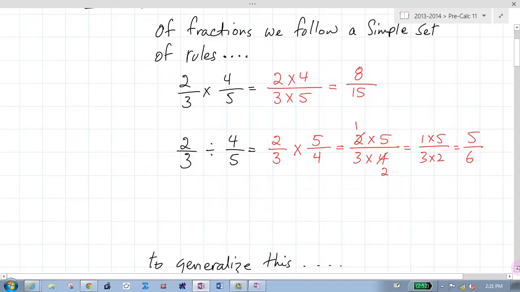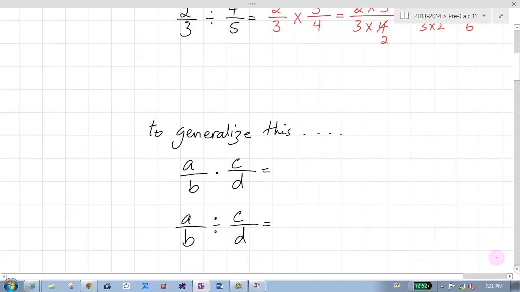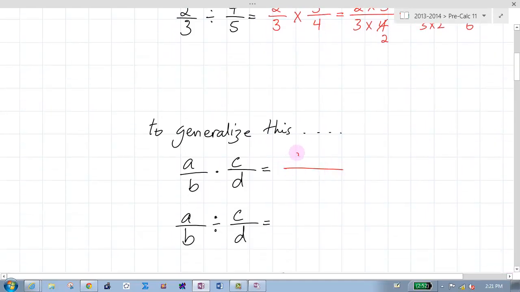To generalize this idea, if I have a product of two fractions, all we need to do is to multiply the two numerators, a times c, and the two denominators, b times d. If I have the quotient of two fractions, I make it into a product by rewriting the first fraction and reciprocating, or flipping, the second fraction.